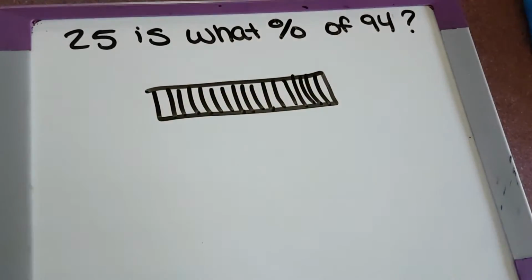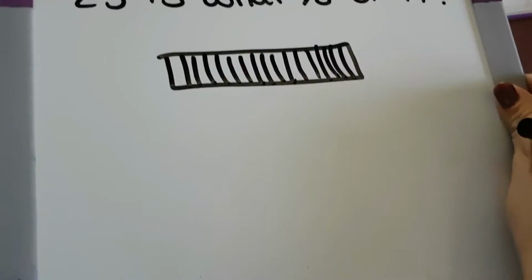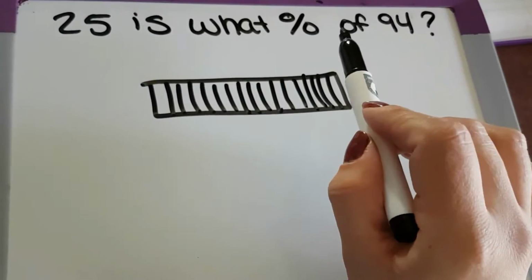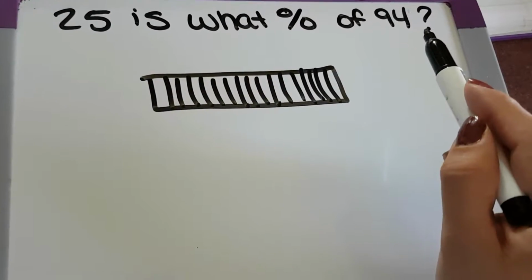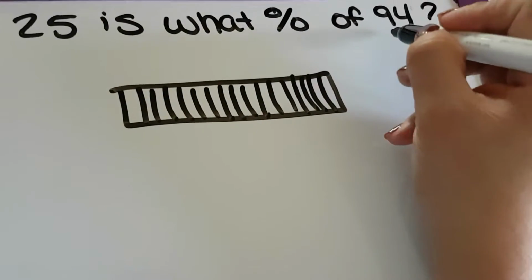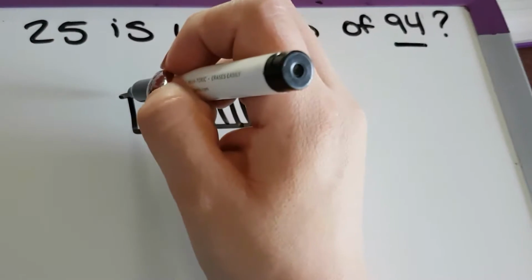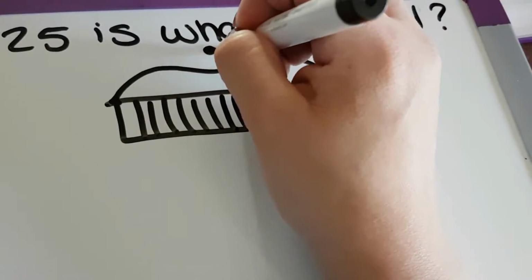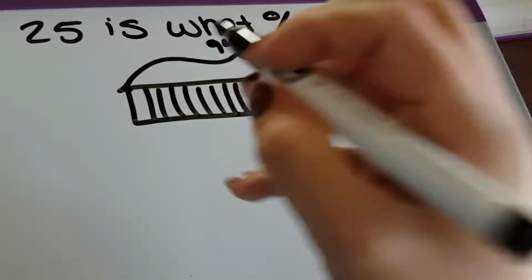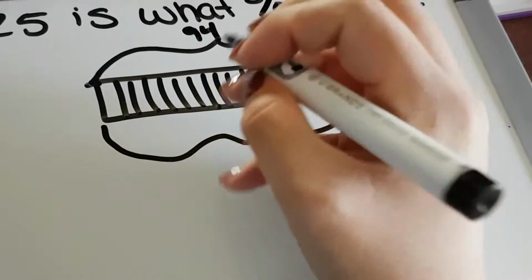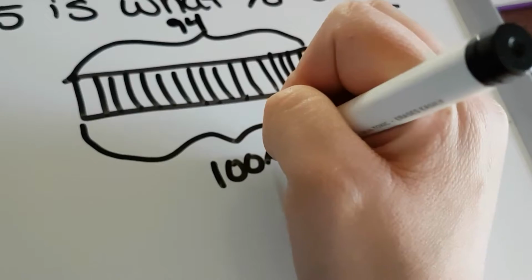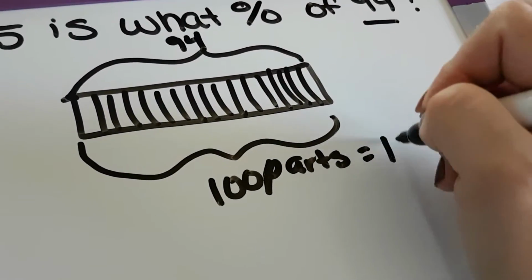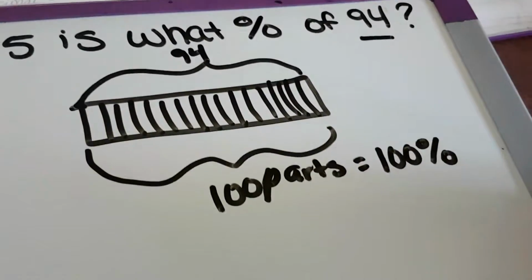This problem is almost similar to the last one we did. It says 25 is what percent of 94? So now we know our whole is 94. Remember, this percent bar is broken up into 100 pieces, 100 parts, which is also known as 100%.